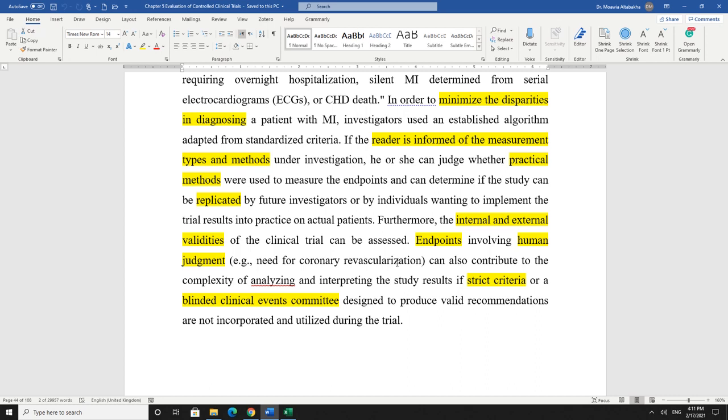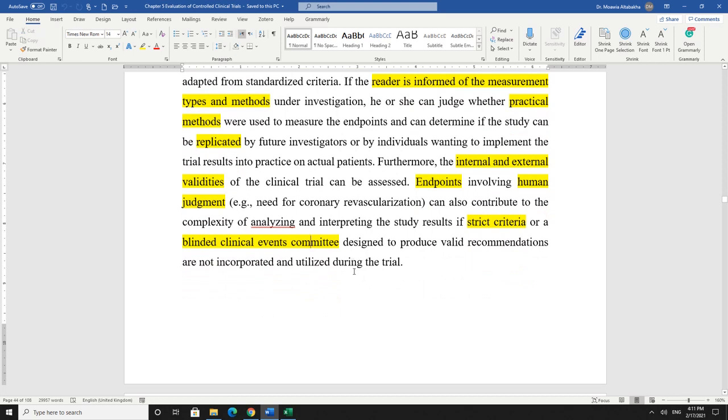Sometimes it depends on human judgment, and in this case we might need a blinded endpoint committee, or we call it clinical events committee, in order to determine whether the outcome has happened or not.